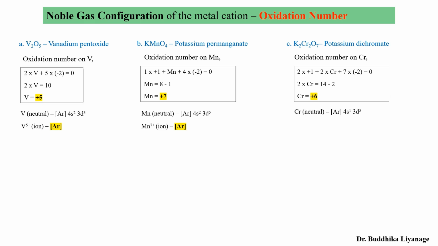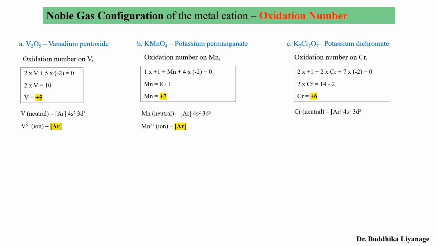Chromium atomic number is 24. So if we write the neutral chromium configuration, it is argon 4s1 3d5. Or if you want, you can write 4s2 3d4. But here we learn another concept, the anomalous behavior of the configurations in chromium and copper. The half-filled and completely filled configurations are more stable than the d4 and d9 configurations in chromium and copper.